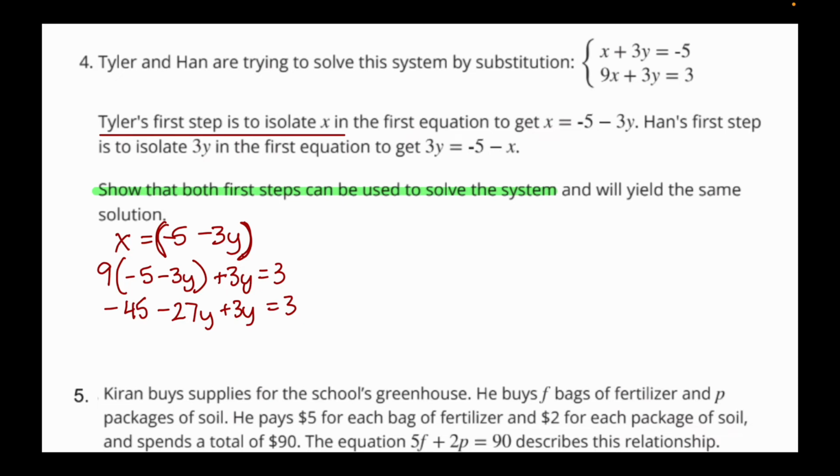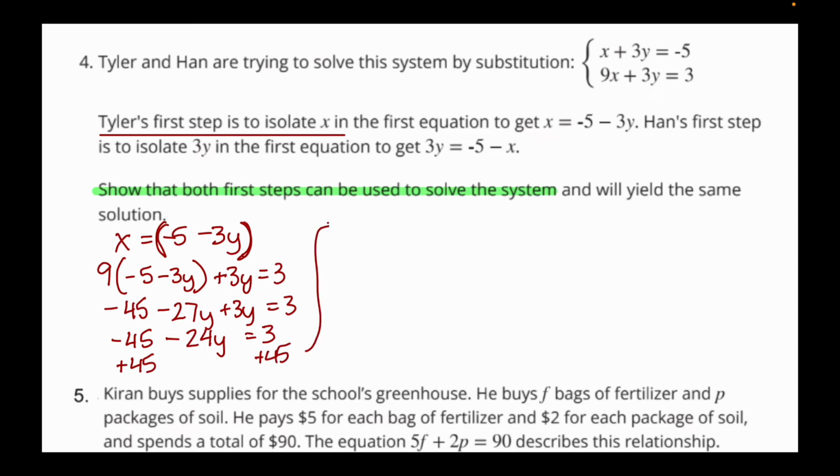Let's combine the y's here. So we'll have negative 45, and then we'll have minus, and I believe it's going to be 24y. That's equal to 3. We'll add 45 to both sides.